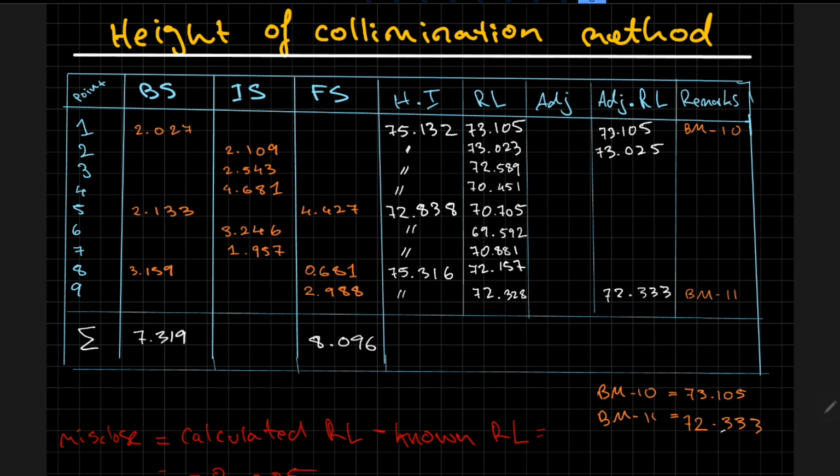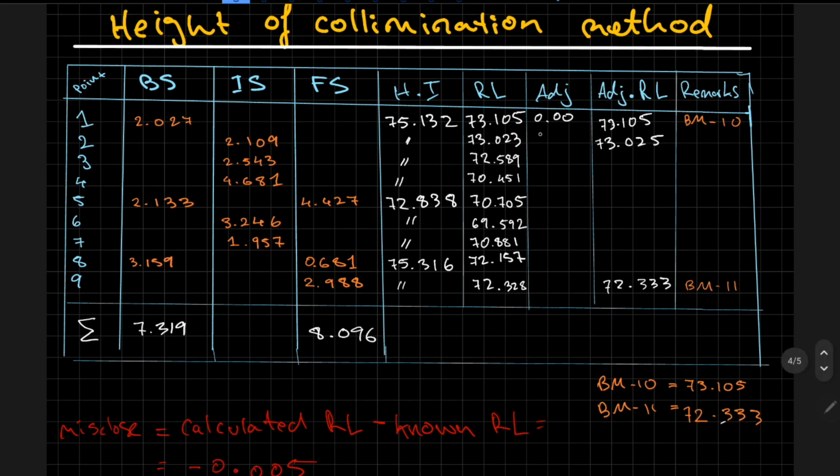Now the first value here does not need to be adjusted because it's a benchmark. Benchmarks we can assume are correct because they are not measured by us. They are already given to us. The adjustment for the first one is going to be 0. For the second one, it is going to be 0.0017.